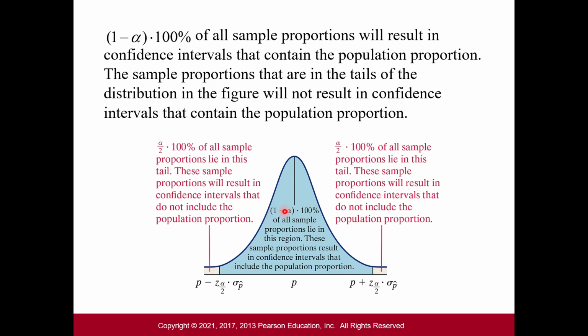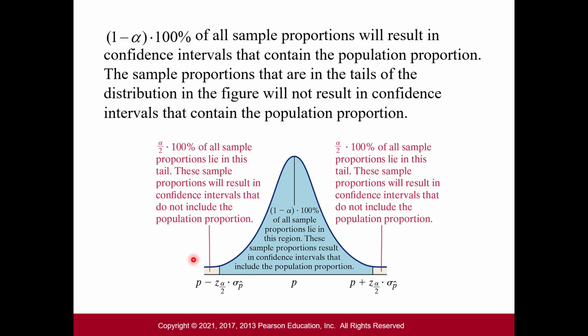So depending on the confidence interval we're trying to calculate, we're just going to adjust our values down here as far as this number times our standard deviation. And so the tails over here, that's going to be alpha divided by 2 times 100%. And so that's how you're going to get the percent of samples that don't contain your population proportion.